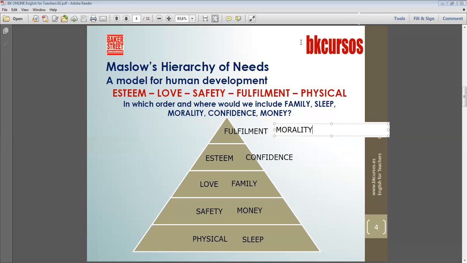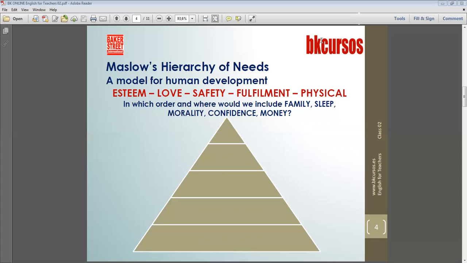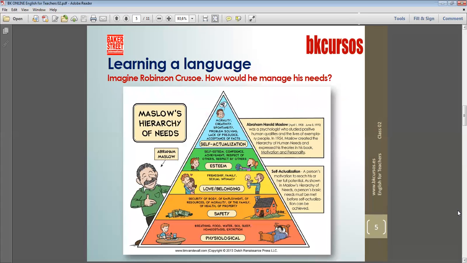That's good. Okay. So let's go on. And now let's see, there's Maslow. You can see him there. So he was a psychologist and he created these things, and we can see at the bottom, physiological needs, okay? Physiological, breathing, food, water, sleep, so on, activities of living. And then the safety, there's our house and our money, and then love and belonging, the friendship and the family and children, and that's lovely.